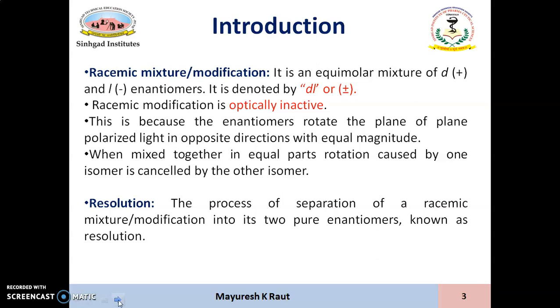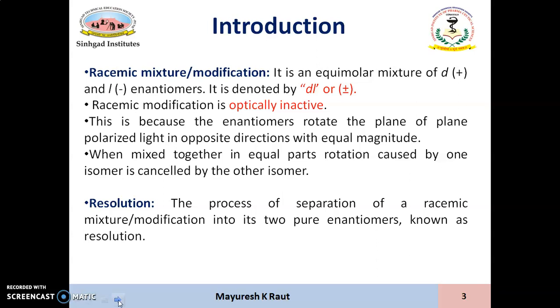This is because the enantiomers rotate the plane of plane polarized light in opposite directions with equal magnitude. When mixed together in equal parts, rotation caused by one isomer is cancelled by the other isomer. So that's why racemic mixture is optically inactive.